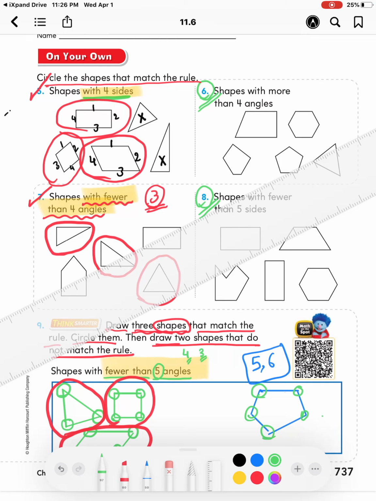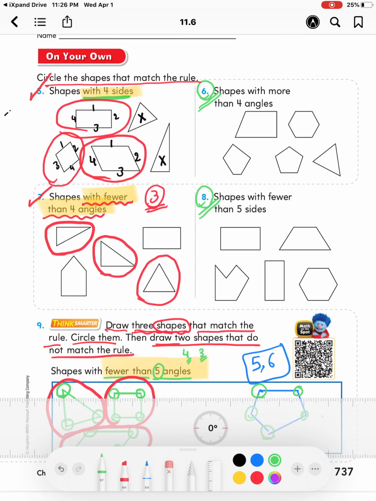Let's draw our last shape. Okay, let's draw it with 6 sides. So we will have how many angles? 6 angles. As I told you before, a shape with 6 angles has 6 sides. The shape with 5 angles has 5 sides. The shape with 4 angles has 4 sides, etc. Okay, so let's do it together.